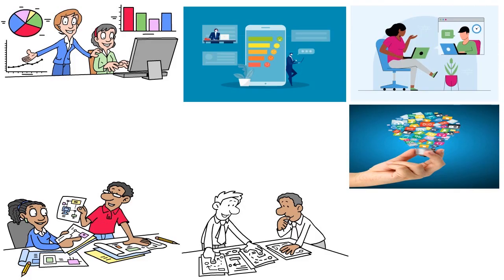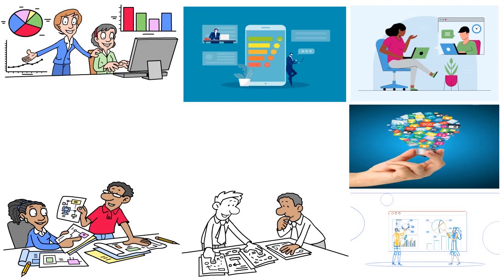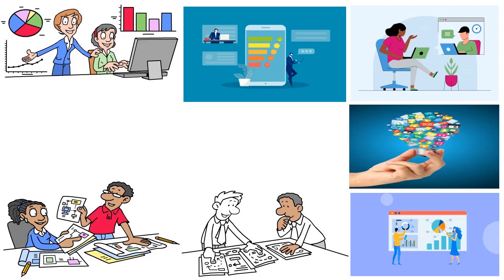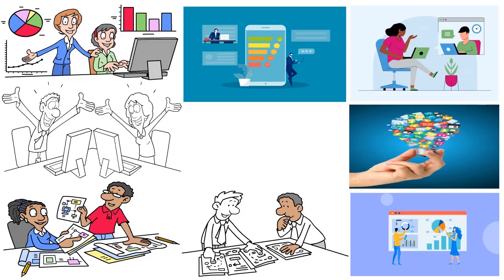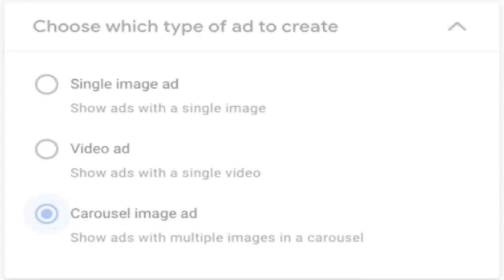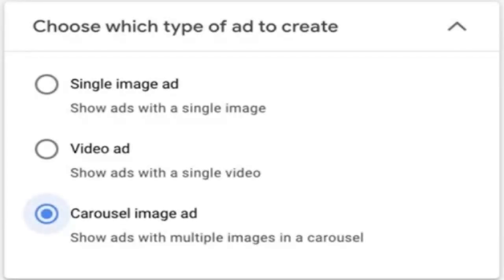Do the videos do a good job explaining the business and why folks should work with them or buy from them? Are there different time frames for videos, 15 seconds, 20 seconds, 30 seconds, etc.? For demand gen campaigns, there are 3 formats you can use. You can see this on the screen: single image, video, and carousel. So you want to make sure that you have the right format there as well.